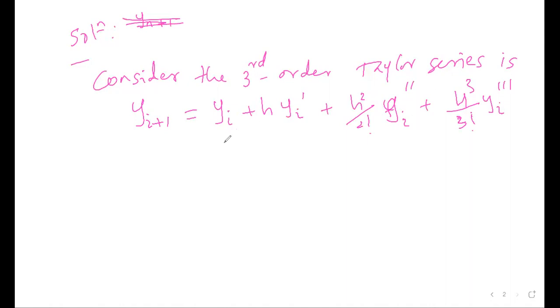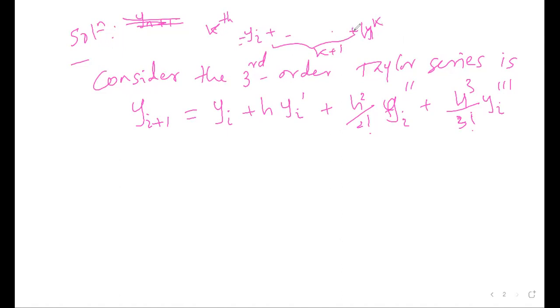Since they are taking kth order, in our kth order we are going from y_i up to h to the power k. So you should know there are k plus 1 terms.